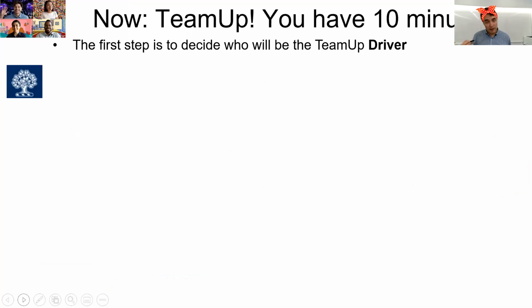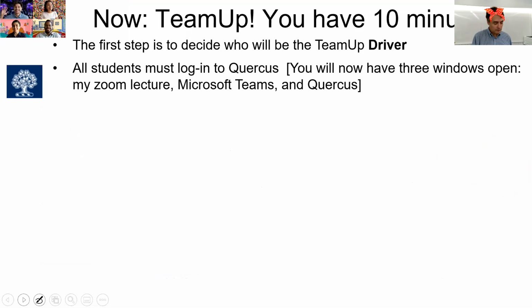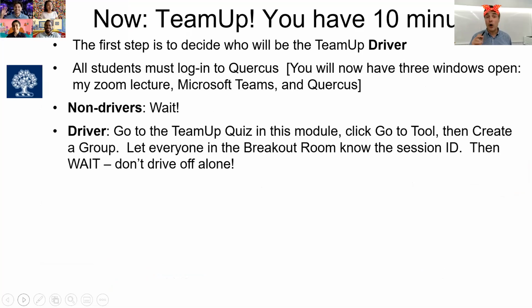Then first decide who's going to be the driver. All 3 or 4 of you should log into Quarkus. If you're not the driver, just wait. If you are the driver, click on the Team Up Quiz, click Go to Tool, and click Create a Group. Then go back to the Teams window and let everyone know what the session ID is. And then wait for them, because you don't want to drive off alone.